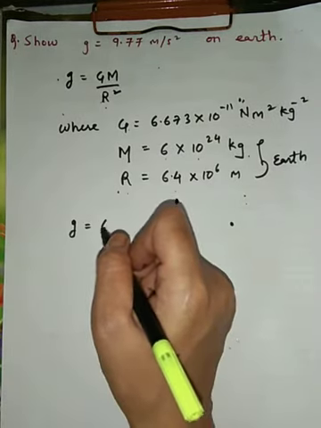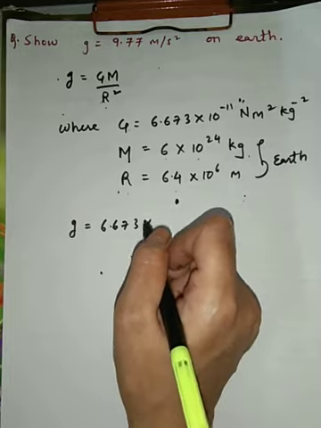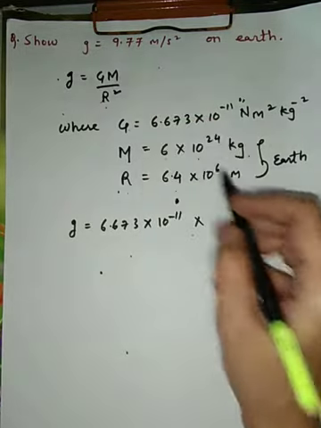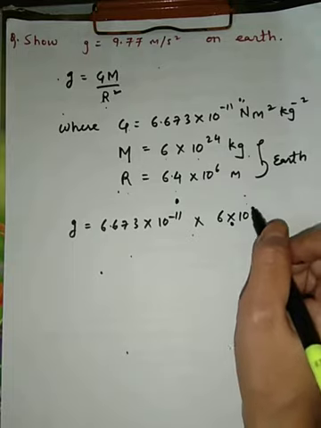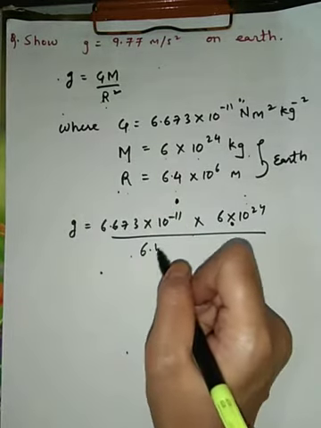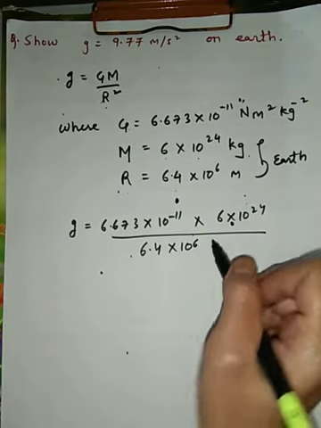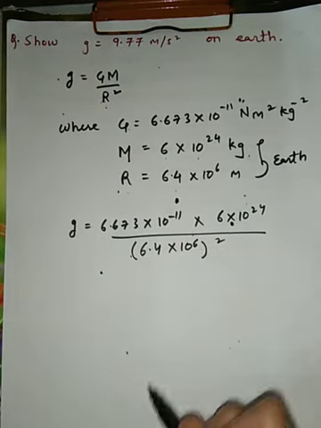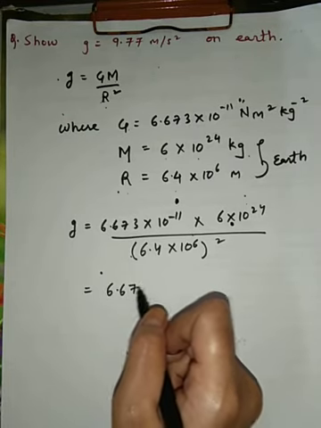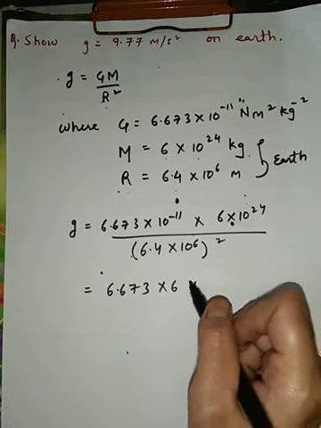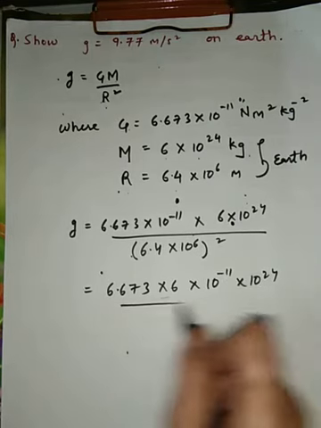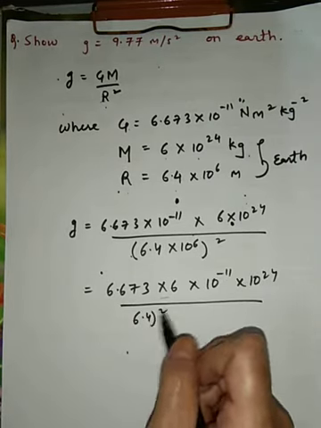So let's do that. 6.673 into 10 raised to minus 11. Mass of the earth is 6 into 10 raised to 24 upon radius square I want. So it will be 6.4 into 10 raised to 6 square, right? If we solve all this, 6.673 into 6 we will take together, 10 raised to minus 11, 10 raised to 24 and 6.4 square.